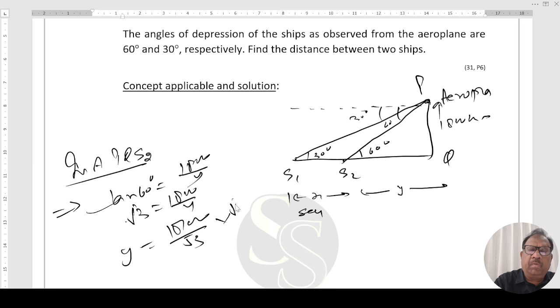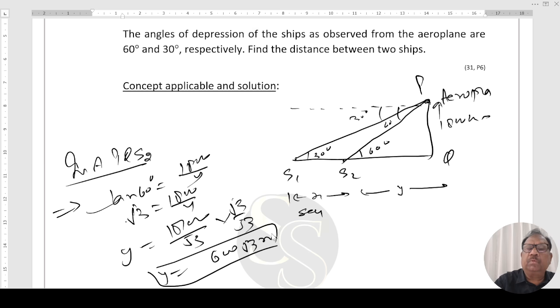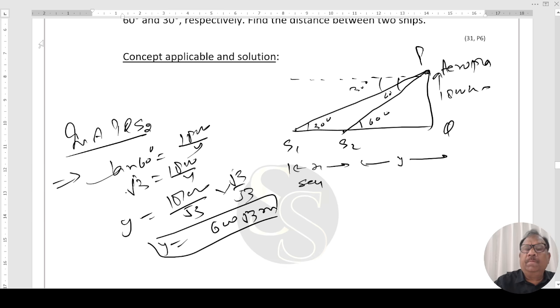Multiplying and dividing by root 3, we get 600 root 3 meter. Y comes out to this much, right?